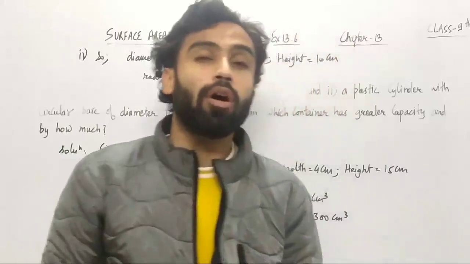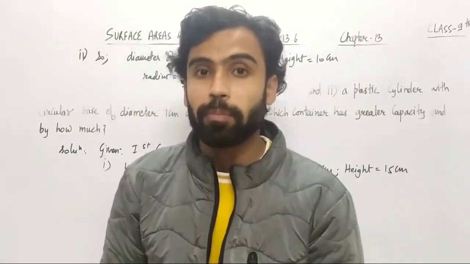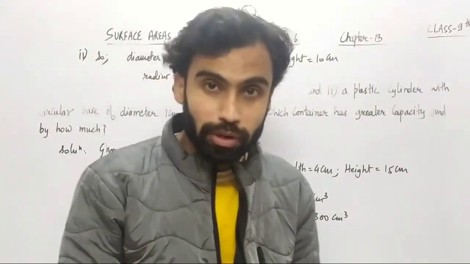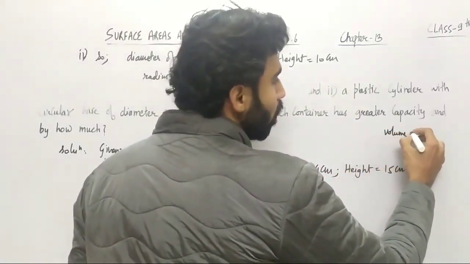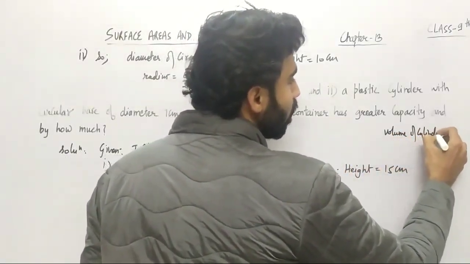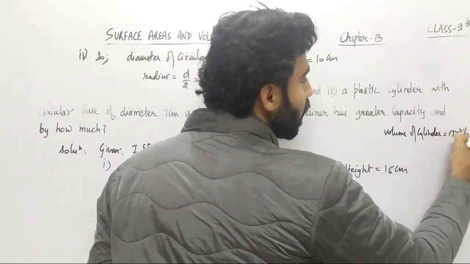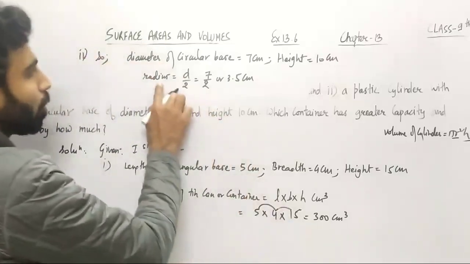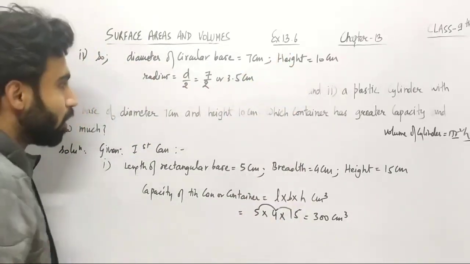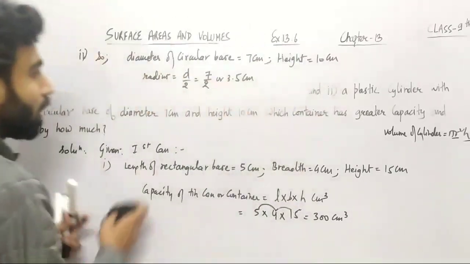था that the volume of a cylinder was calculated by pi r square h, right? So formula याद रखिए आप, that the volume of cylinder is pi r square h. This is the formula. Now we need the radius and height, and both are present here, right? So now let me just calculate that.